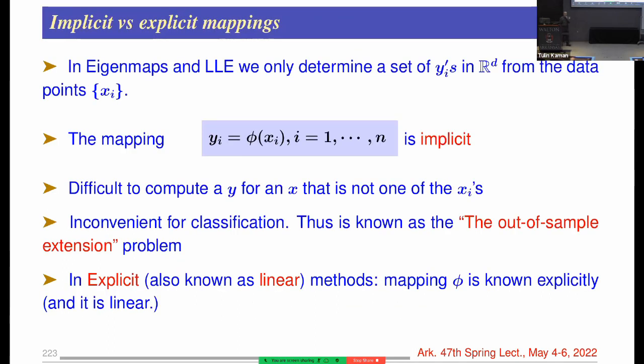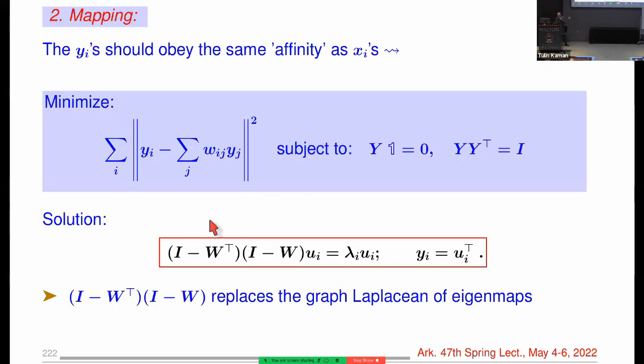Now, the problem with these types of methods is the following. If I have to use this for something like classification, getting data from R^n to R^d, I can do it once and that's fine.